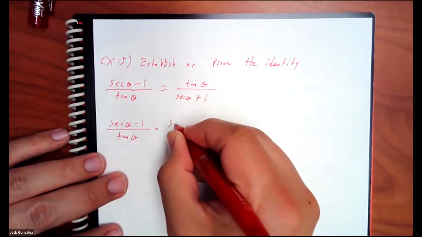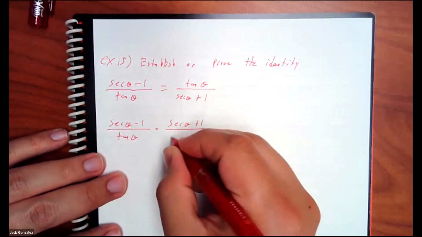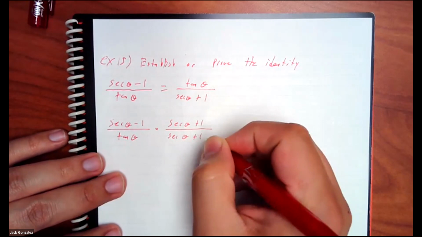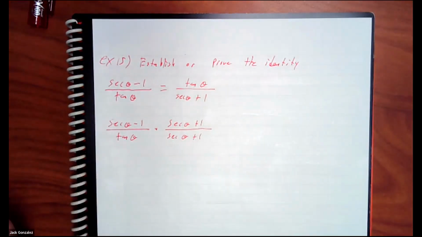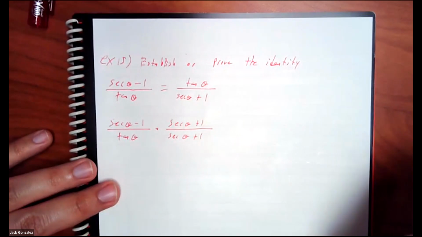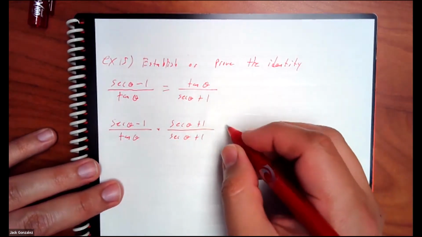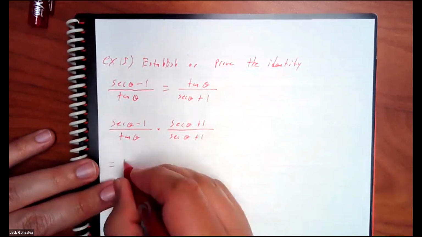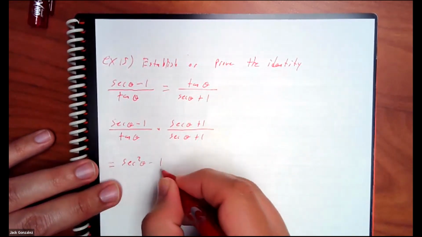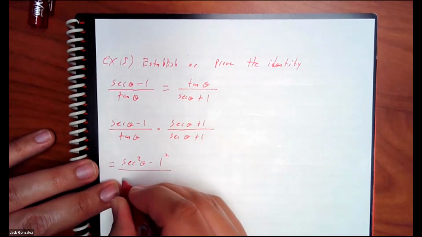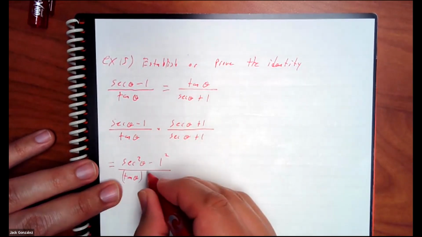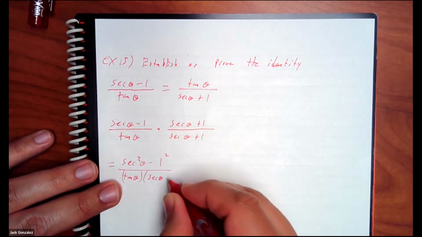So multiply by secant theta plus 1 over secant theta plus 1. So I'm choosing to multiply by the conjugate. That's what we did there. That way it forces the top to be a difference of squares. That'll give me secant squared theta minus 1 squared over tangent theta times secant theta plus 1.